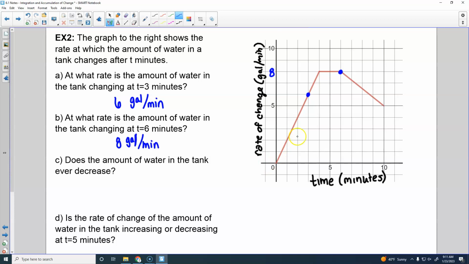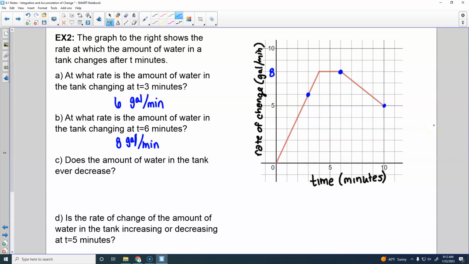So Connor, how can we know that our amount of water is still increasing? We're above the x-axis. We still have a positive rate of change here, which means like right here at 10, the water is still being added to the tank at a rate of 5 gallons per minute. It's filling up slower than it was up here, but it's still filling up, right?